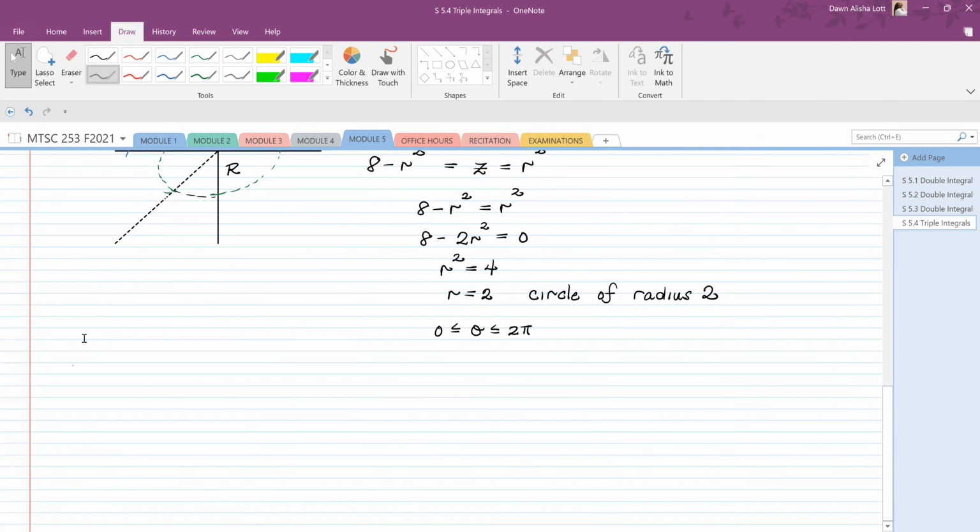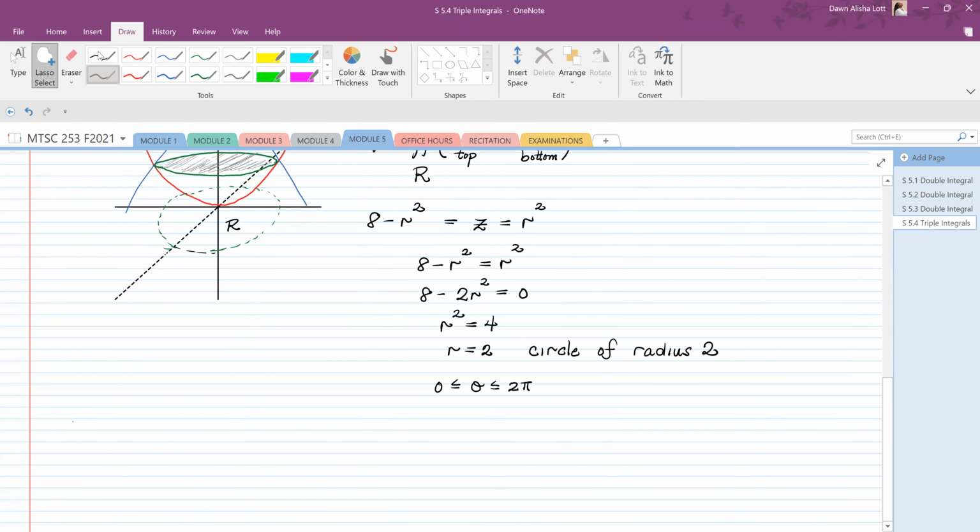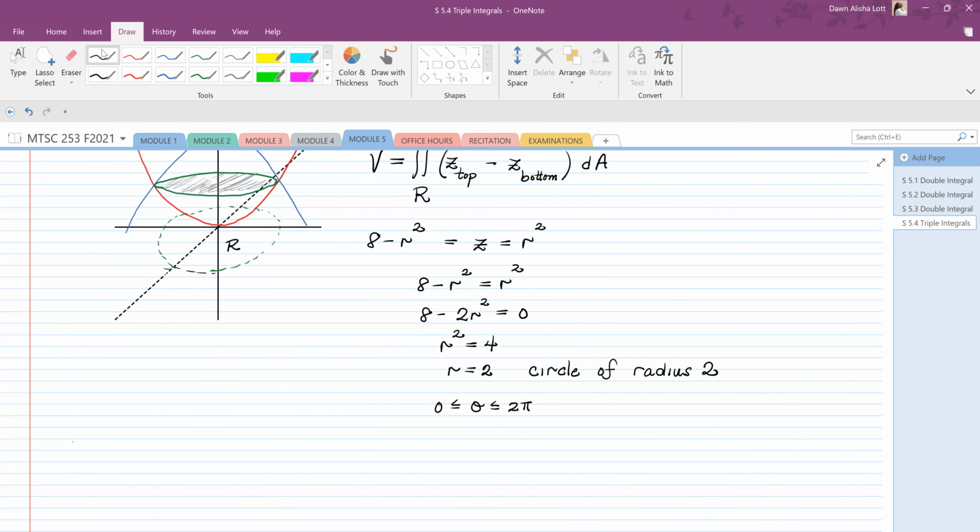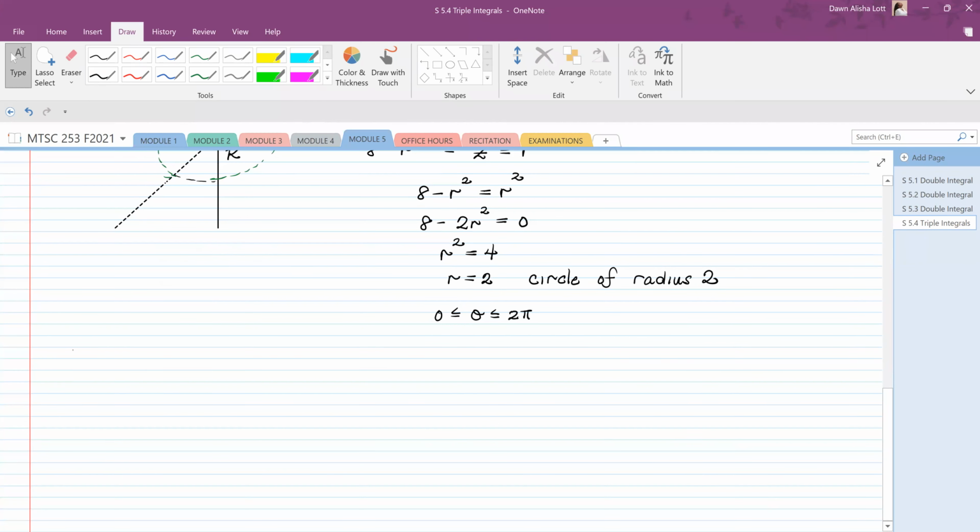So the double integral over the region of Z top minus Z bottom dA, whether it's dy dx, let's leave it dA for a moment.